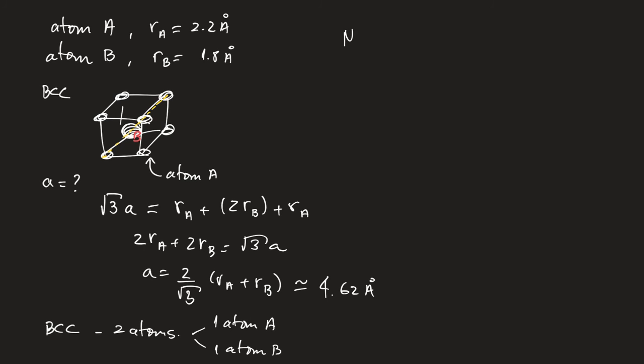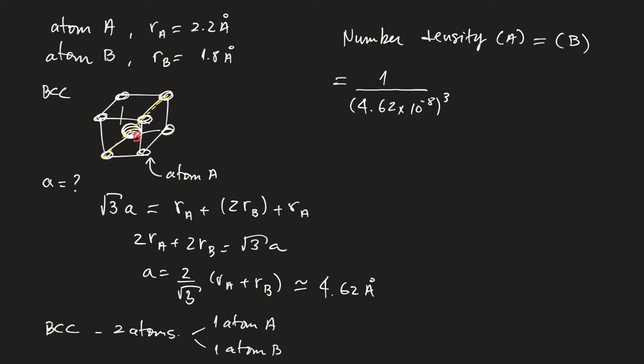Therefore, the number density of A is equal to the number density of the atom B, which is 1 over, I'll do it directly here in centimeter cubed, 4.62 times 10 to the power of minus 8 cubed. It's approximately 1.01 times 10 to the power of 22 centimeter minus 3.